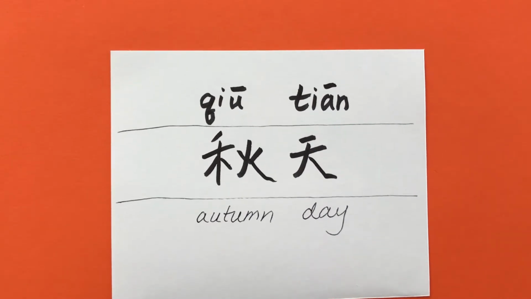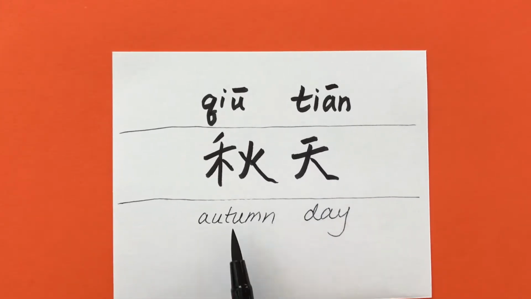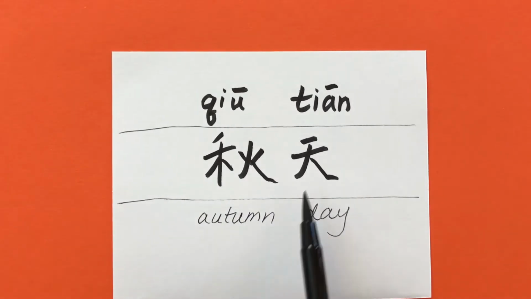Today we're going to learn how to write autumn day in Chinese. 秋天, autumn day. 秋天.